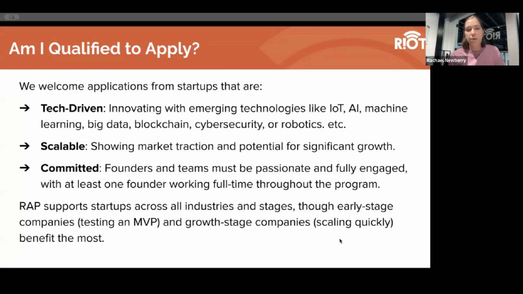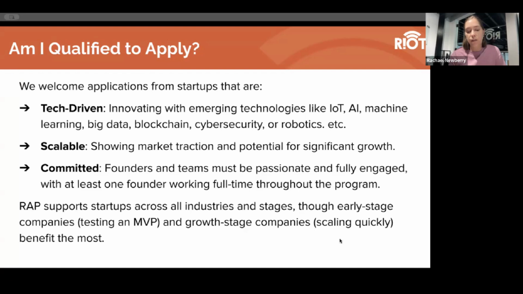Our sweet spot, I would say, are those go-to-market stage companies. So we're looking for folks that have done some market validation. They know their market well. They've identified their target customer. They have a prototype version of their product, so at least have a basis for the technology that they're building and have something at a minimum viable level.